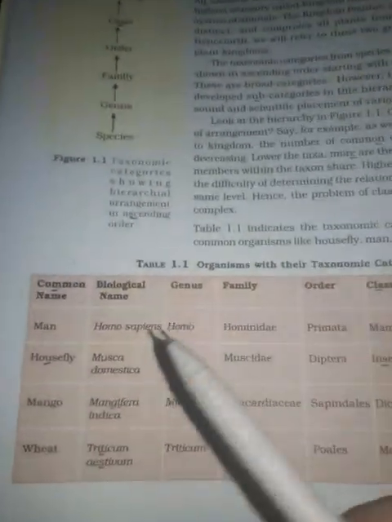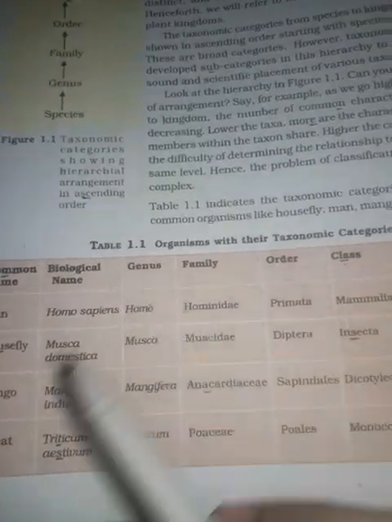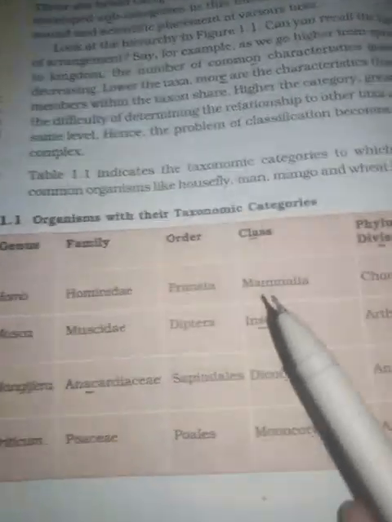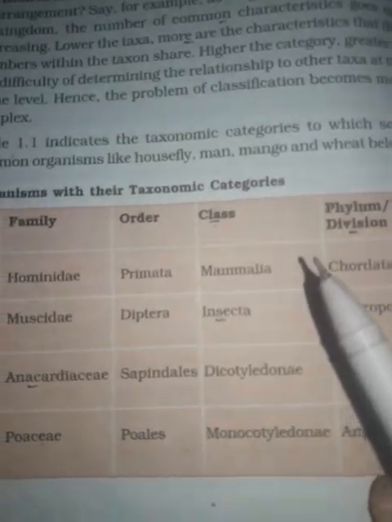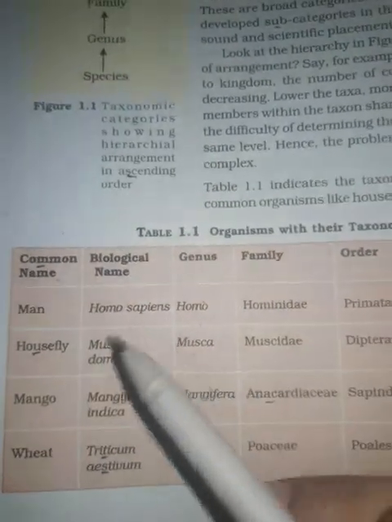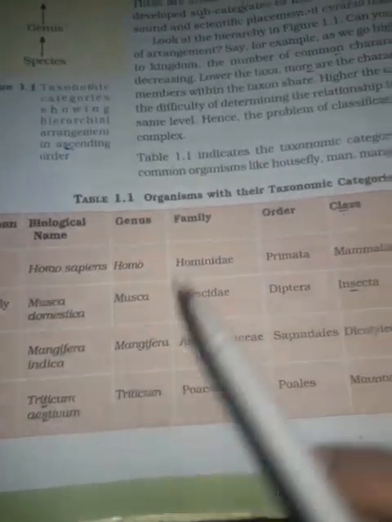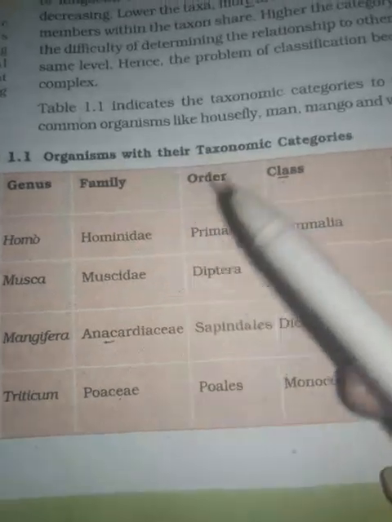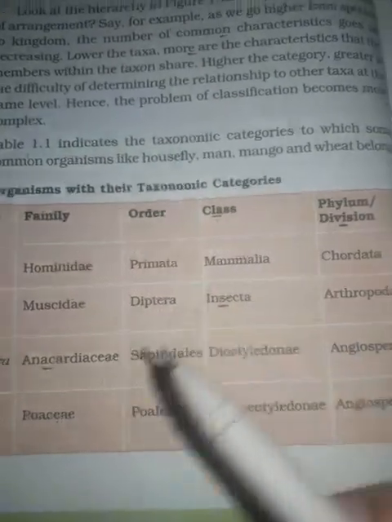Now this table is very important. Man: Homo sapiens, genus Homo, family Hominidae, order Primata, class Mammalia, and phylum Chordata. Housefly: Musca domestica, genus is Musca, family is Muscidae, order is Diptera, class is Insecta, phylum is Arthropoda.